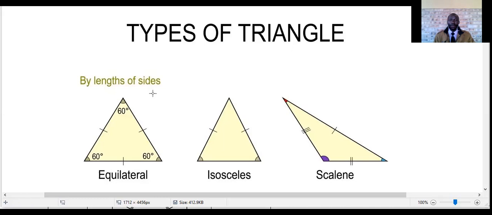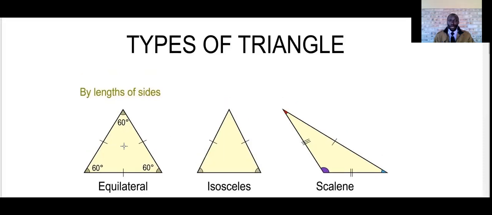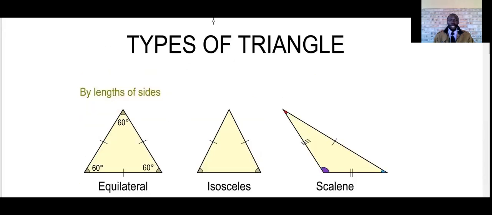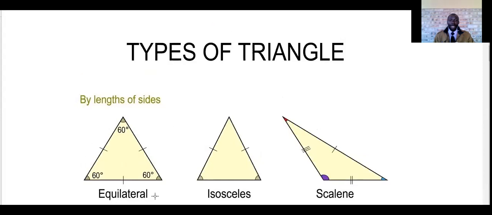Now, this type of polygon that we are looking at, calling it a triangle, has got properties, okay? Has got several properties. One of them is the property used to describe it. So what we are actually trying to say here is that a triangle, being a polygon, can be described as equilateral in case all the sides are equal.